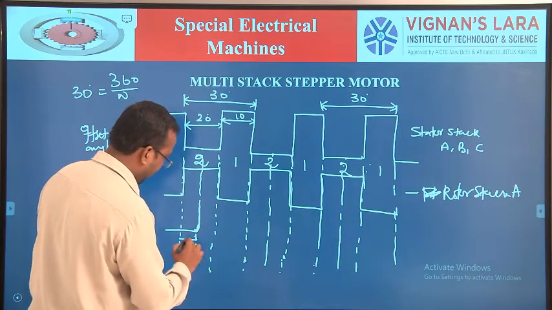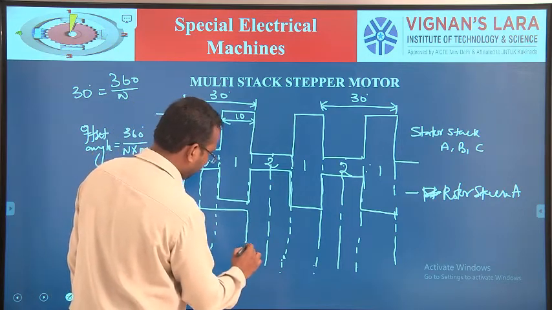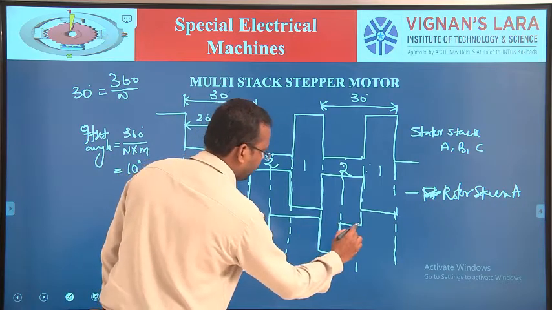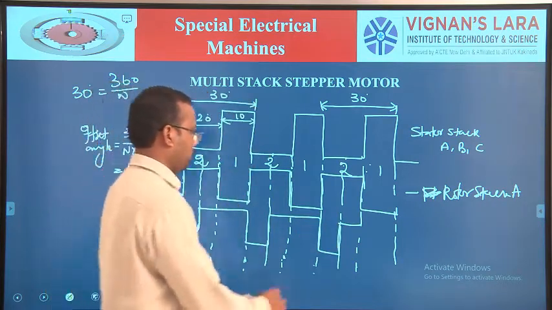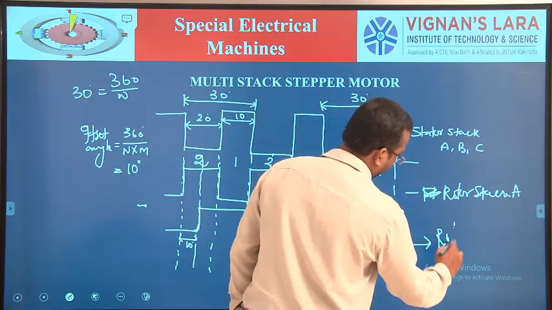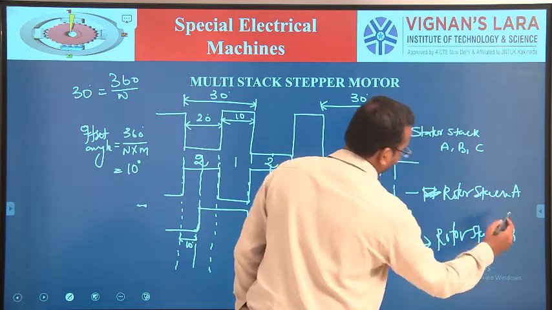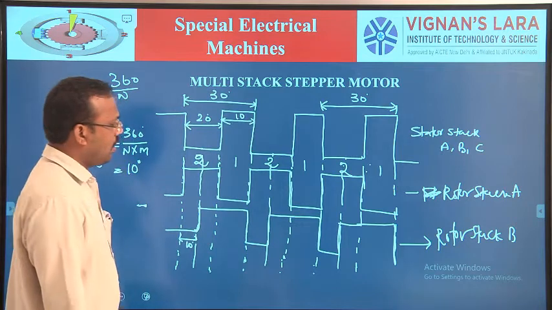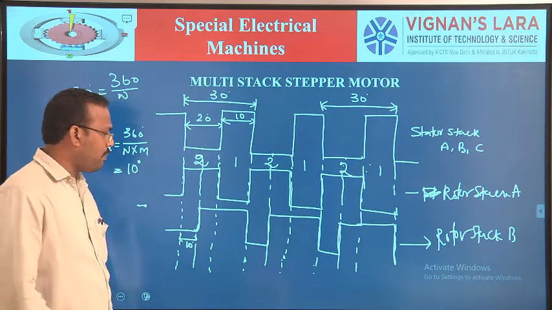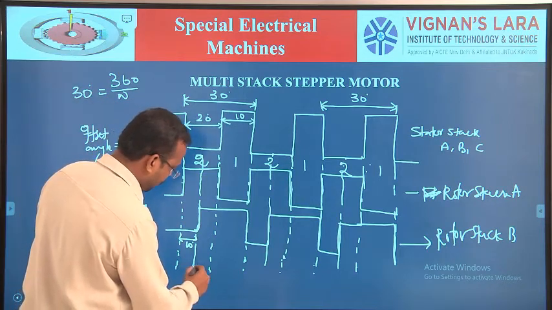It will move like this fashion. Okay, so this is our rotor stack B. Now, rotor stack C is offset by the angle 10 degree again. So it will start from here.